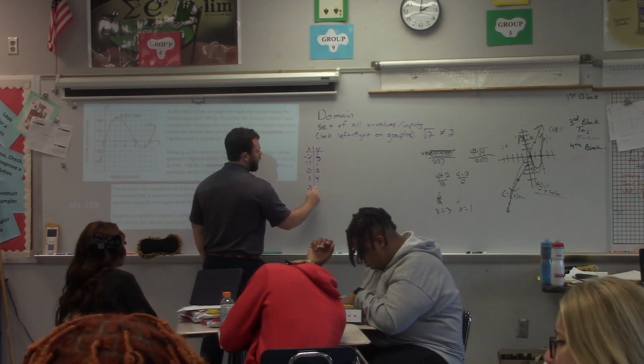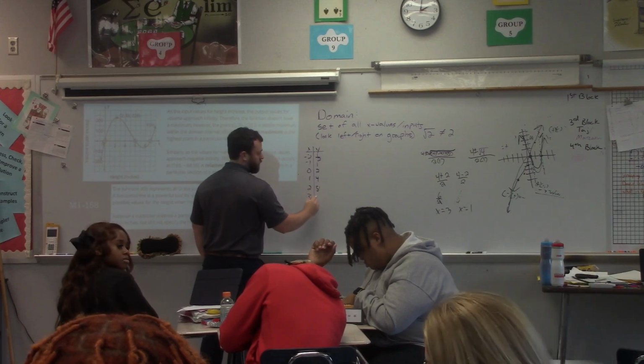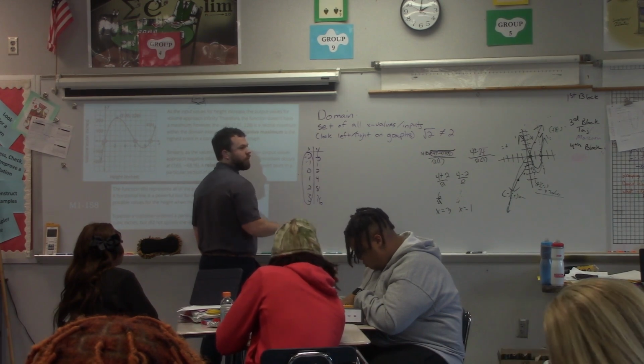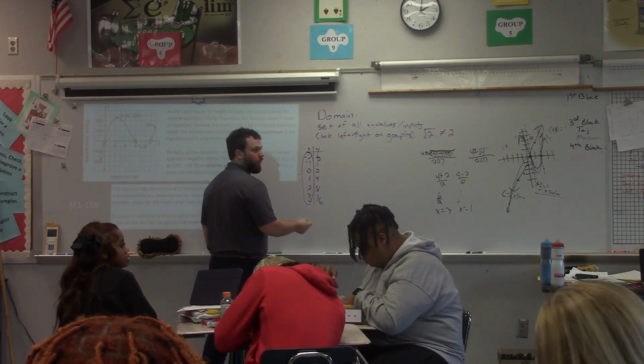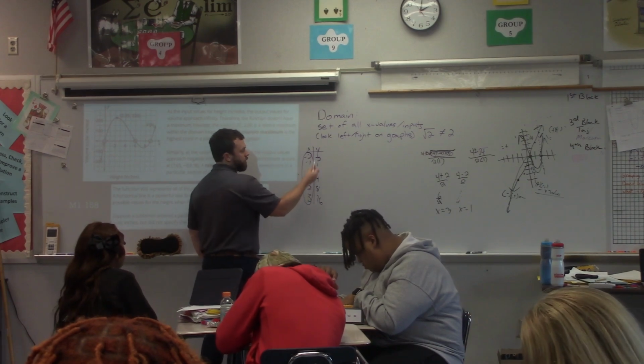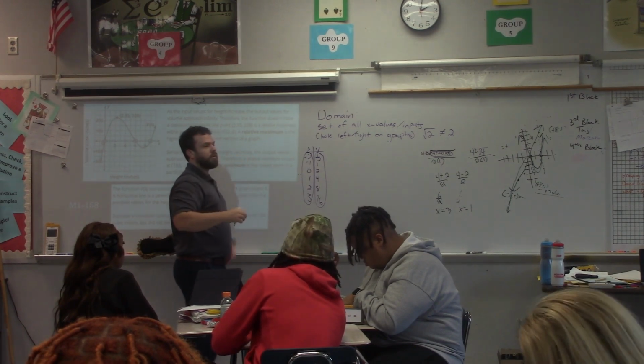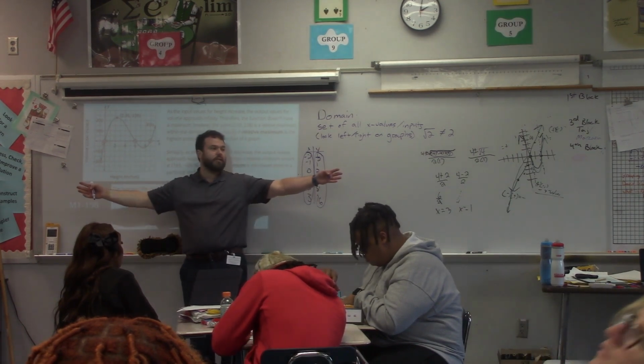But if I'm looking at domain, here's my domain, I'm not looking left and right, I'm looking up and down. If I'm talking about range, I'm still actually looking up and down. When we talk about the left and right direction, that's only the x-axis that you're referring to.